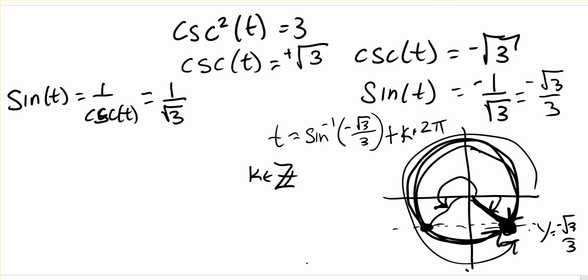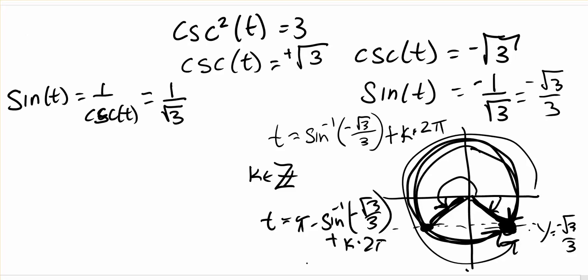So the symmetric solution then, t symmetric for this one, is equal to pi minus the inverse sine of negative square root of 3 over 3, but it's also plus k times 2 pi, because every angle that is coterminal with this point right here on the circle will also give us this same solution, the sine.